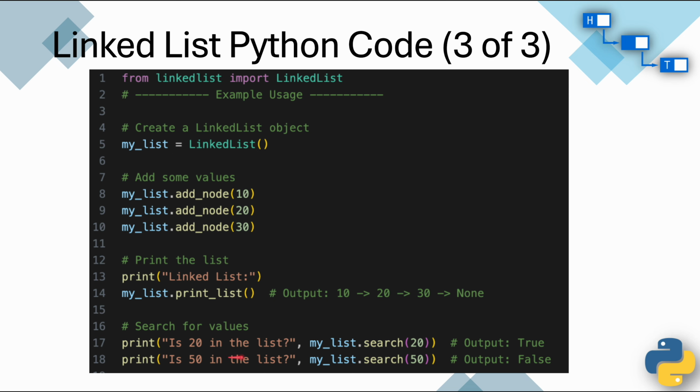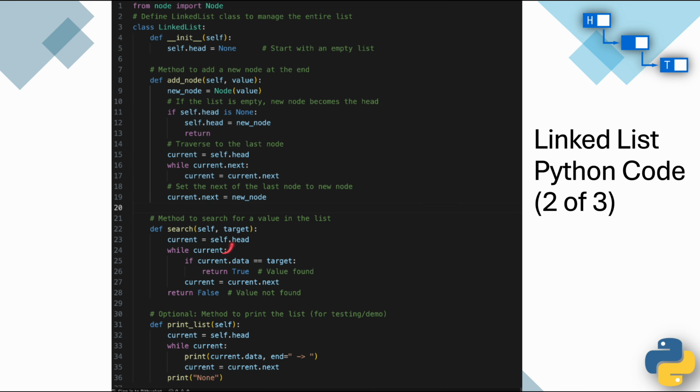Then my list dot search 30, 20. It will check whether it is found or not. So we discussed search already, and printing the data we discussed, and adding the node at the end only we have discussed, not in the middle or starting place.